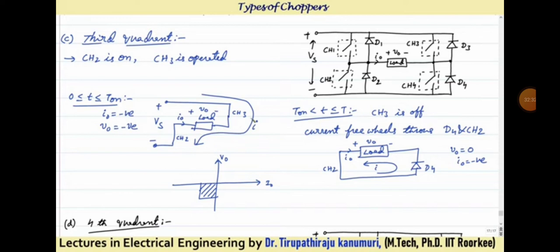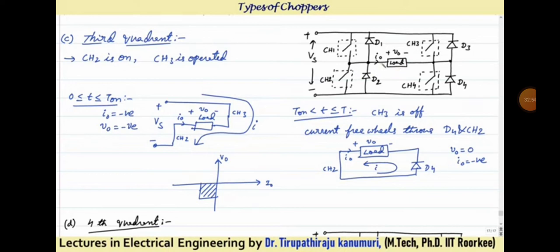So let us see the case when CH3 is open circuited. Whatever the load is, the current cannot change direction instantaneously. So the current will continue to pass in the same direction, because this load has inductance. How will it pass?